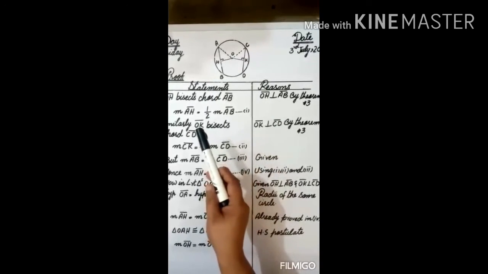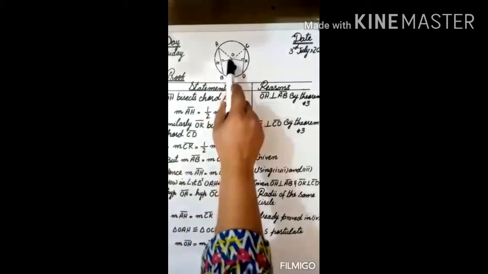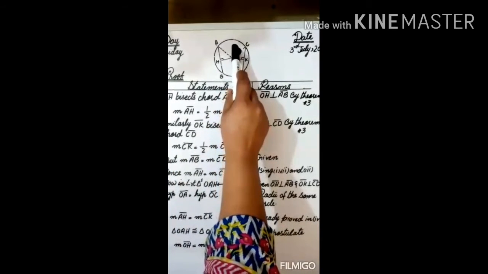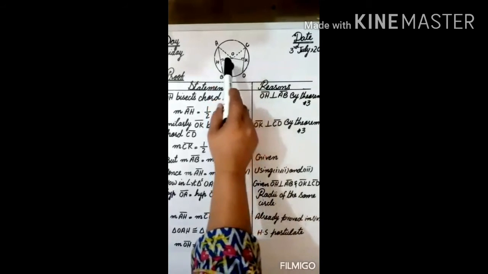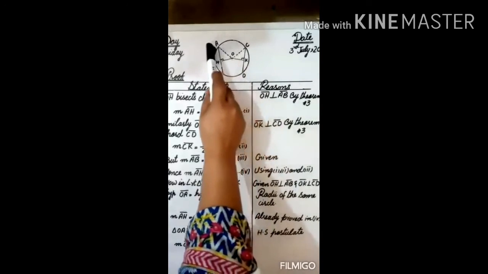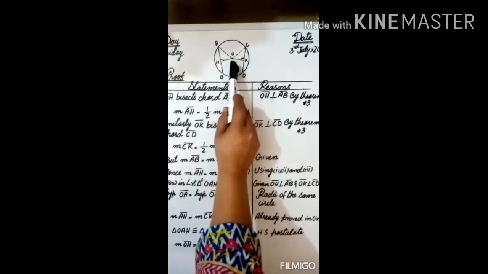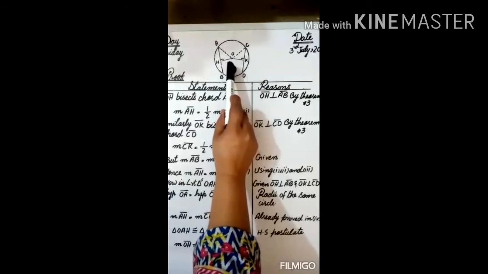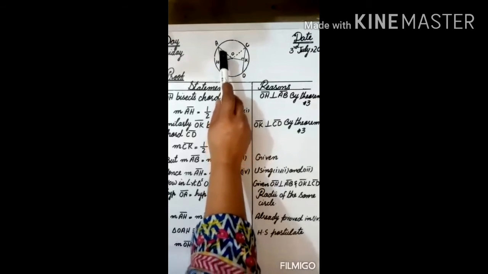Firstly, we are discussing the hypotenuse of the first triangle, OAH. In this right angle triangle, OA is the hypotenuse. Hypotenuse is the longest side of the right angle triangle, or in other words, it is the side opposite the right angle.